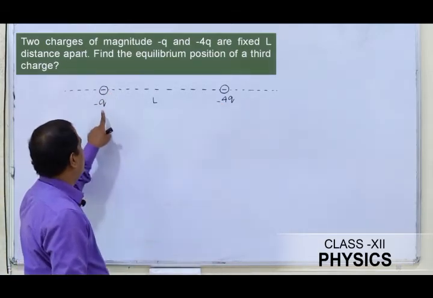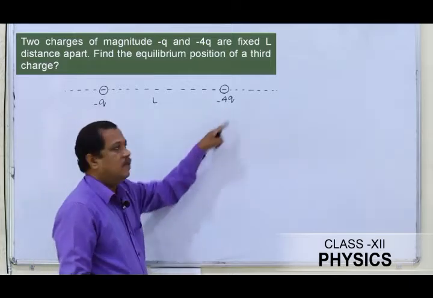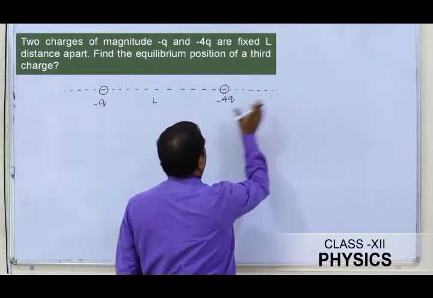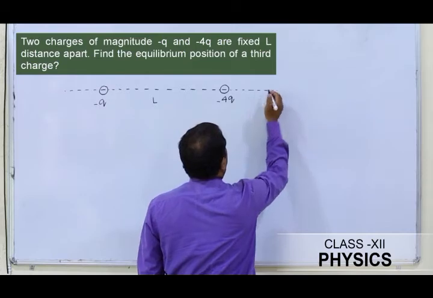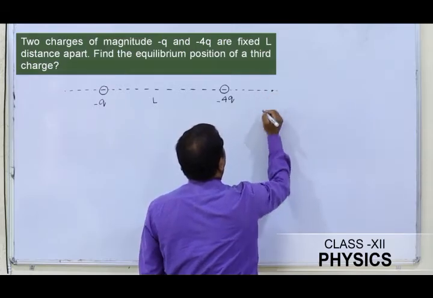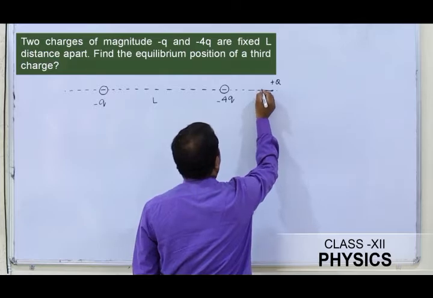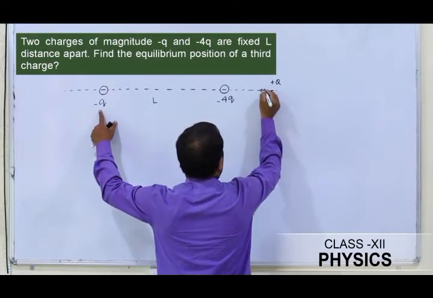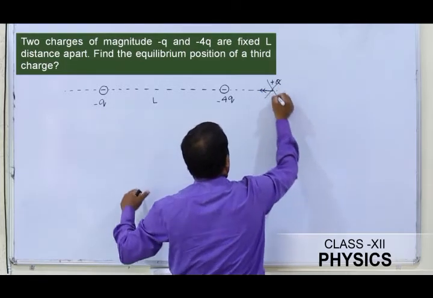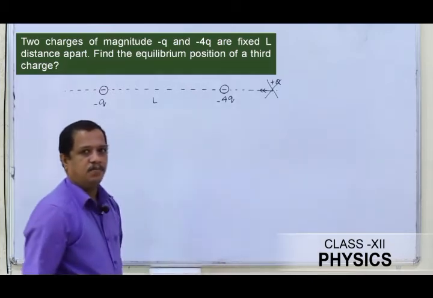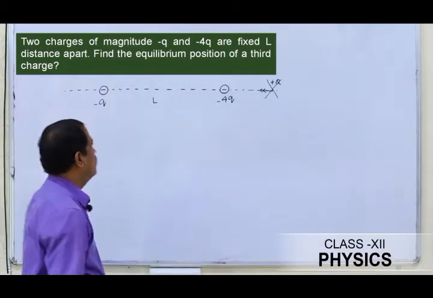Now one thing we found is that if the two charges were the same, then on the right side of this 4Q charge, if I place a plus Q charge here, this will also exert an attractive force. So on this side we cannot find a position of equilibrium.